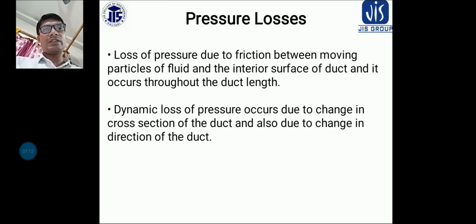Next is pressure. If I am talking about the pressure losses, there is the loss of pressure due to friction between the moving particles of the fluid and the interior surface of the duct, and it occurs throughout the duct length. We observe this pressure loss due to friction in flow through pipes in your fluid mechanics subject.